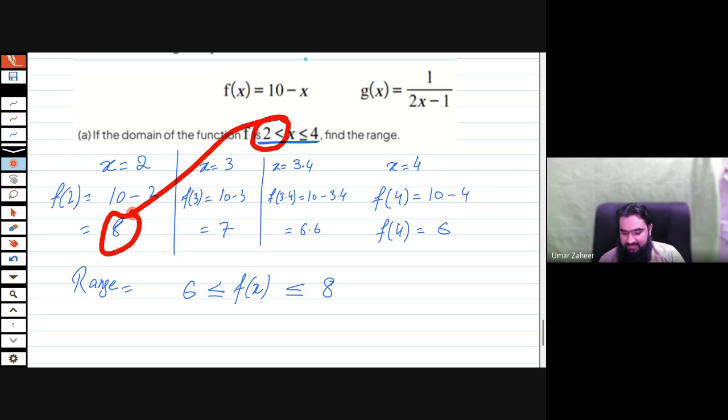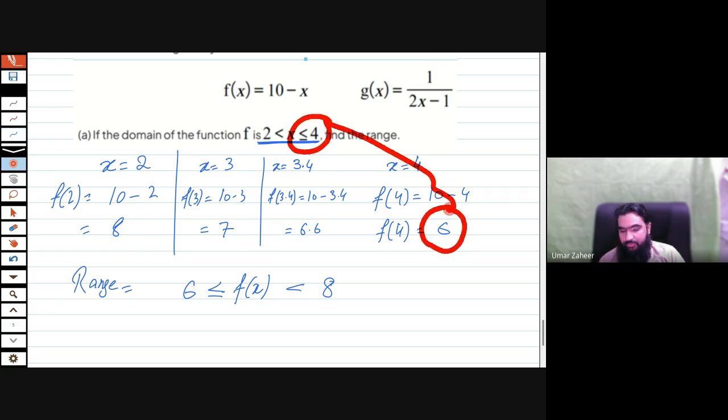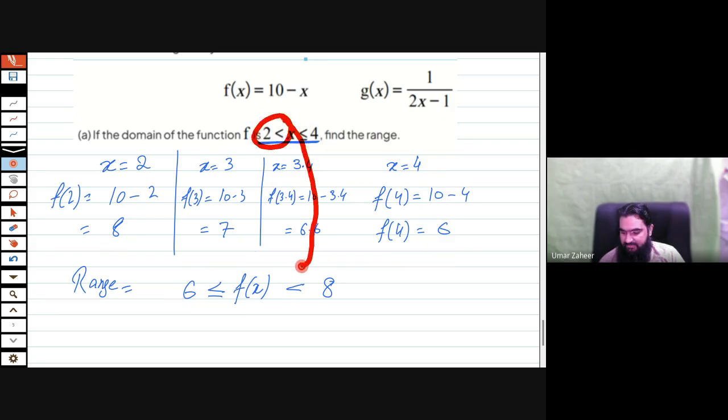So this means that 8 is only less than, not equal to. Here we have x less than or equal to 4, which means this value is included. So that's why we have to write less than or equal to. Is it clear? It is only greater, so that's why we have to take only lesser or greater.